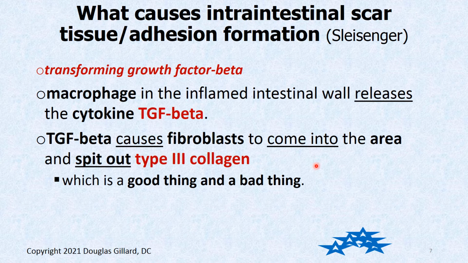So in other words, you get a fibroblast-heavy inflammatory process. And fibroblasts make type 3 collagen, which is good for fixing aphthous ulcers. But if you have too much of it, it can cause all sorts of trouble and scar up the inside of the intestine. And that's caused by macrophages that come into the area.